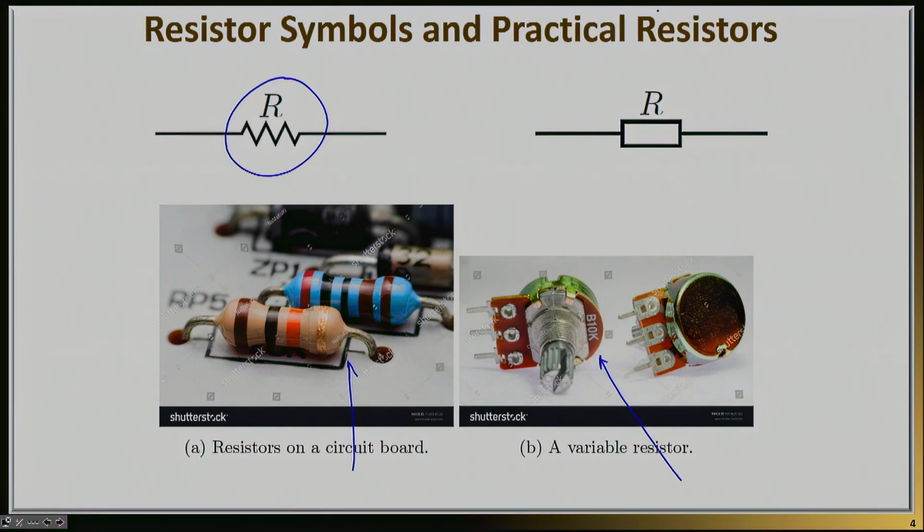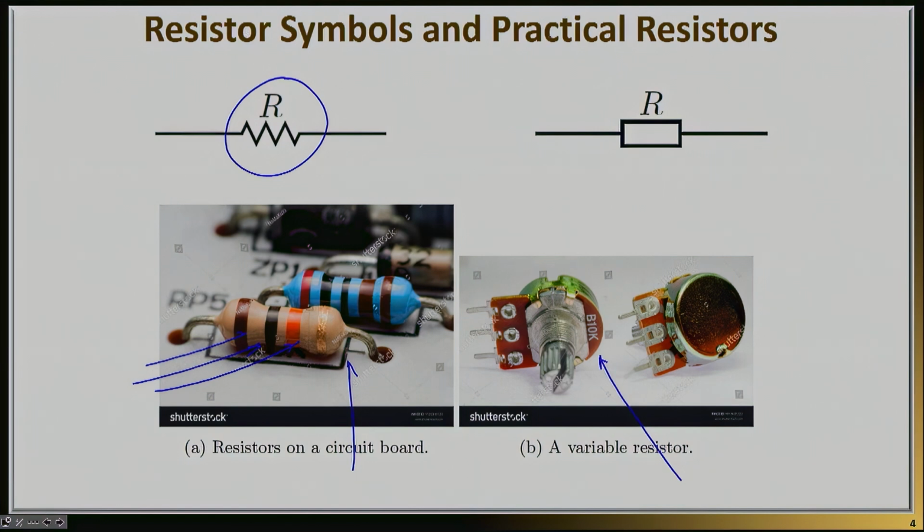There are some codes here. If you look, for example, at these colors, those are essentially codes that can tell you what is the value of this resistor just by looking at those colors. You can easily find books or things online that will help you understand how to interpret this code and how you can read the value of the resistance in ohms when you see that.